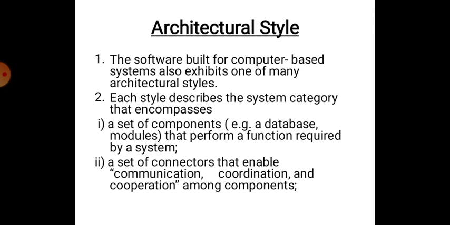Point number 2, each style describes the system category that encompasses the following points. 1. A set of components, for example, a database or modules that perform a function required by the system. Point number 2. A set of connectors that enable communication, coordination, and cooperation among the components.